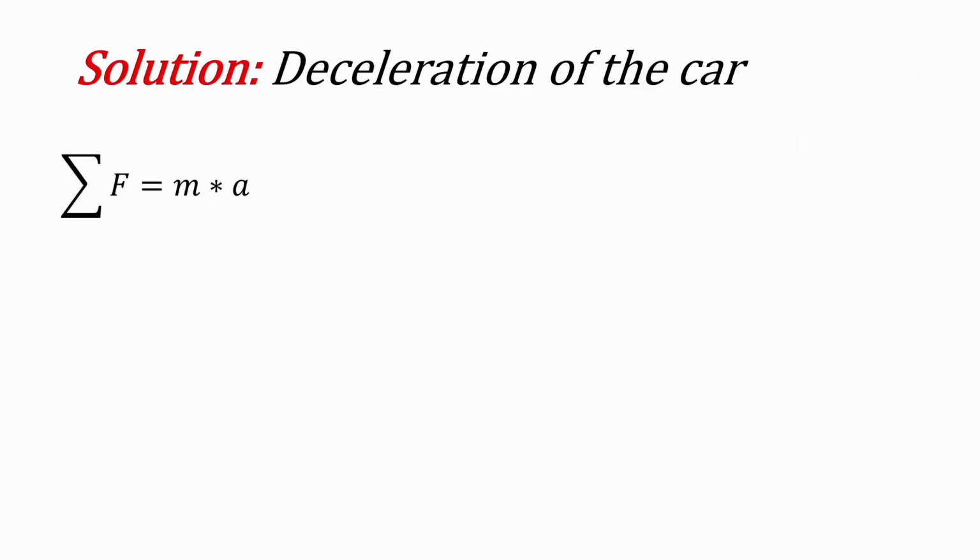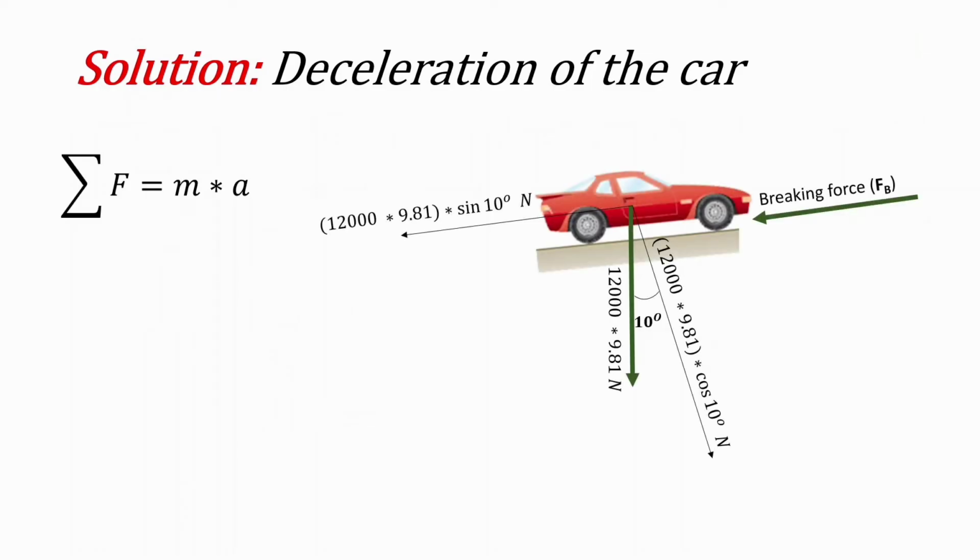We have to consider what forces are acting on the system. In the direction of movement of the vehicle, we have just two key components: one as a result of the weight of the vehicle, and the other which is the braking force.